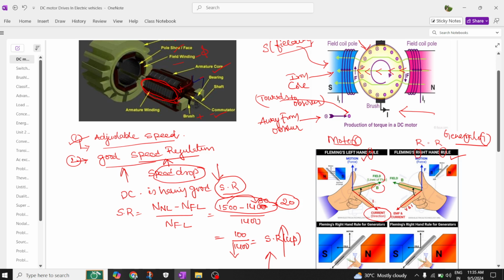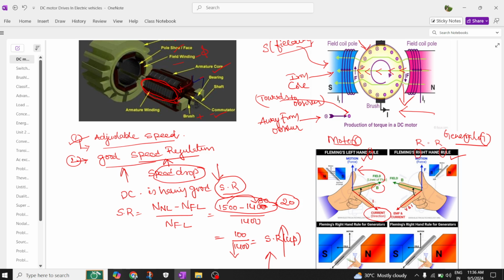The magnetic lines of force are going in this direction, the current is coming towards us, and the force experienced is in the downward direction. So when you rotate it, the current is towards the observer and the direction of force is downward.